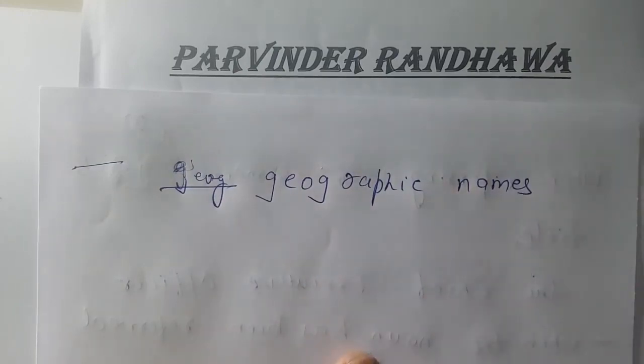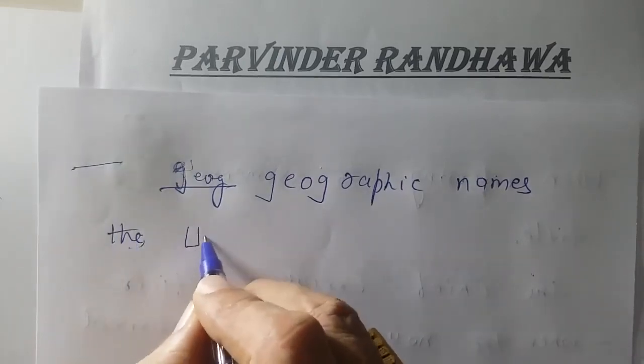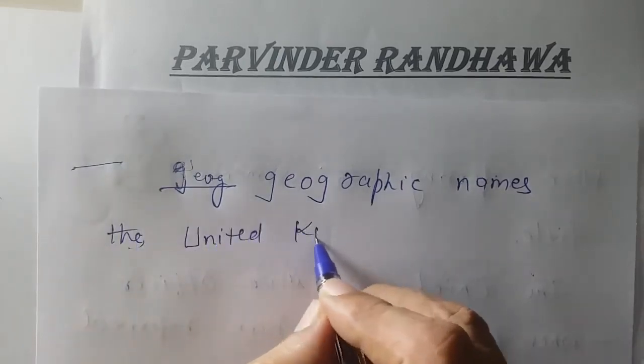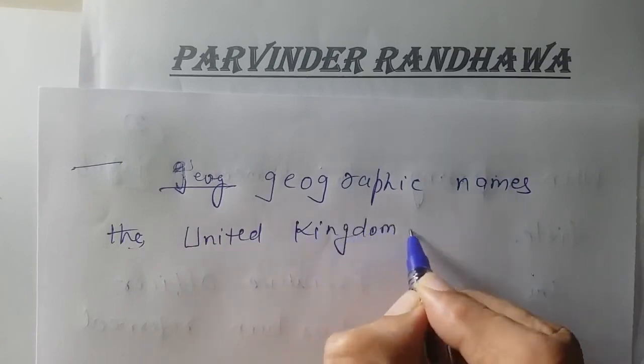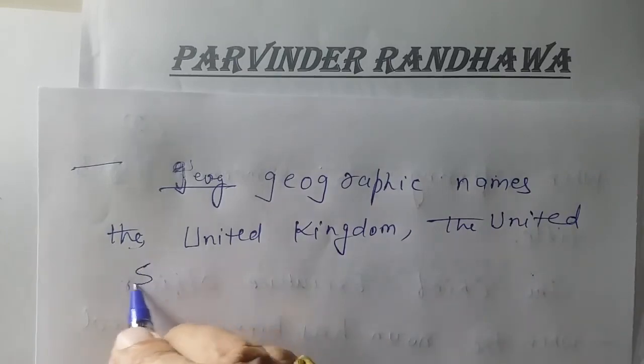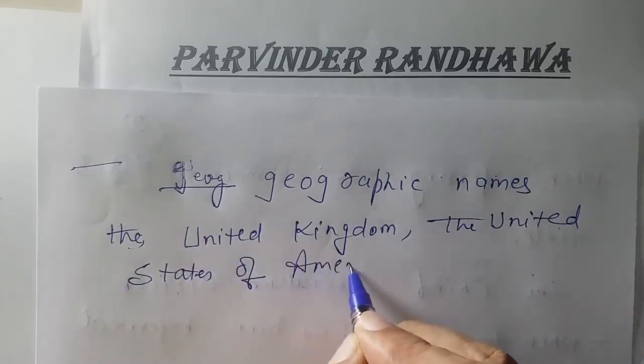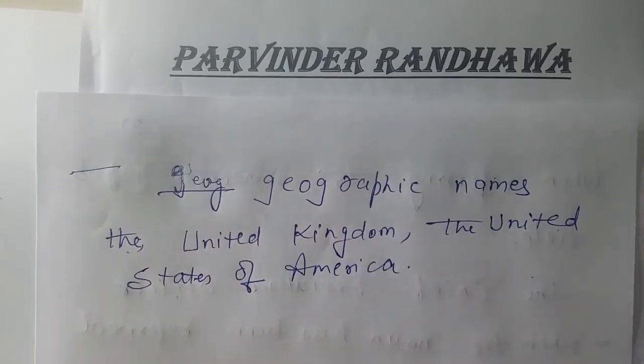What kind of geographic names are there? If you remember, we always use the in front of the United Kingdom, the United States of America, because they are representing a geographical region.